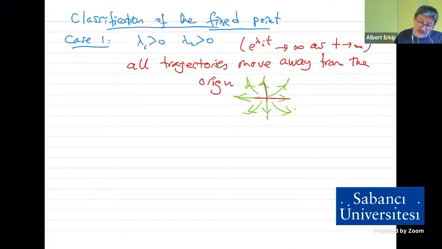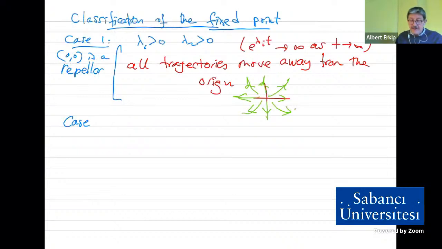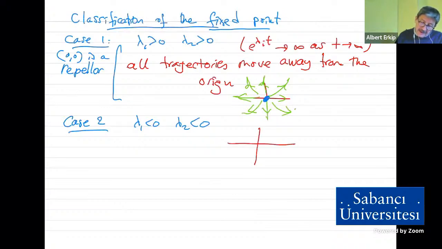Now we call this a repeller. 0, 0 is a repeller. Remember, a repeller has a fixed point, but anything close gets far away. Case 2 is lambda 1 negative, lambda 2 negative. In that case, the picture would be similar, but this time the arrows go towards the origin.